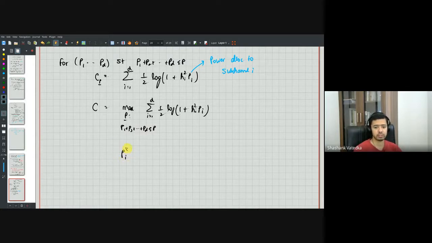So P_i star will be equal to some lambda minus 1 over h_i square.